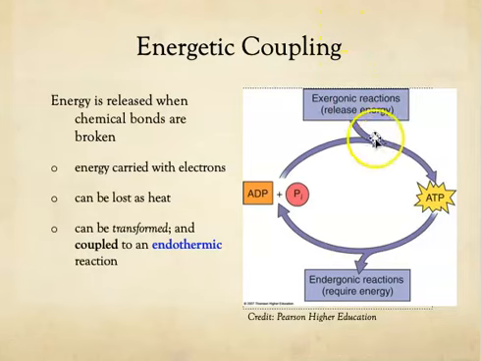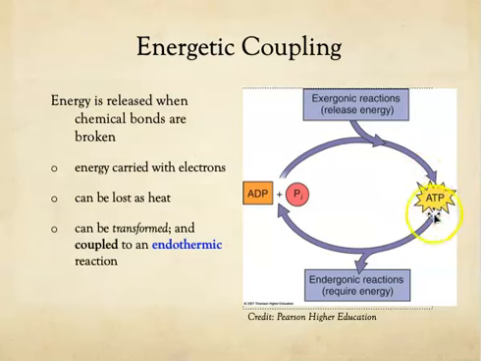So as energy is released from exergonic reactions, the cell will take an ADP and build a covalent bond to a phosphate group. And that's going to create ATP. So all of the energy that gets released from these exergonic reactions is going to be temporarily stored in that phosphate bond, in those ATP molecules.